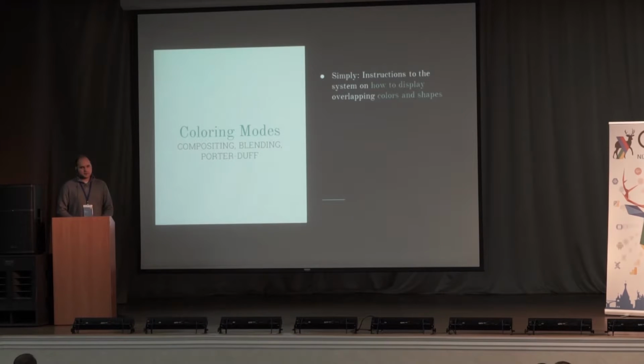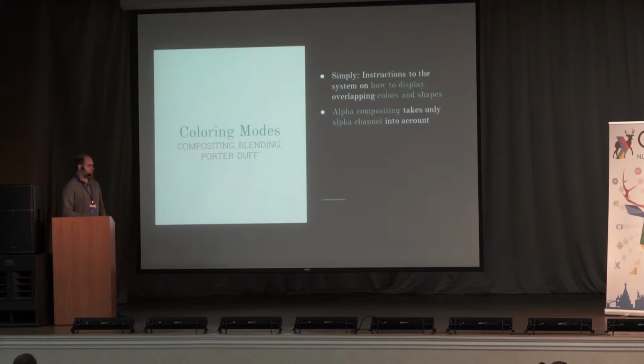So about coloring modes. In general, it's not related to drawables, but coloring modes are basically a set of instructions for the rendering system on how to display colors and shapes when they overlap each other. I'll show you a few examples, but this is just the basic definition.